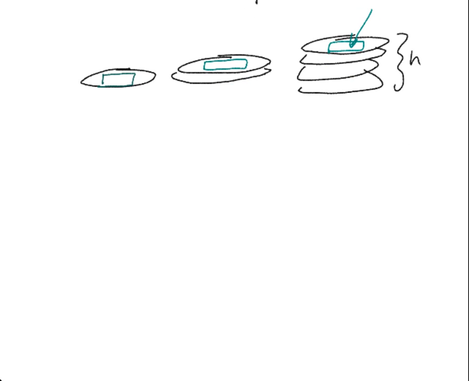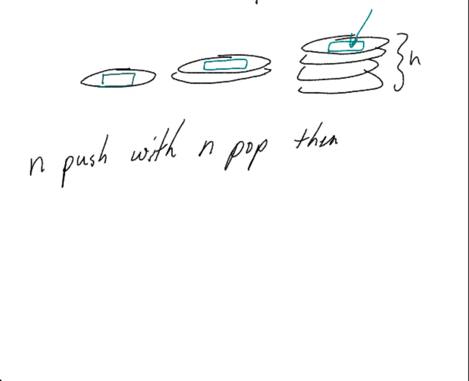have n pushes and we add on to that n pops, then what is the cost? Well, we said that push is going to cost $2 for each, so the cost is 2n for the pushes plus 0 for the pops, and that is 2n, which is order n dollars.